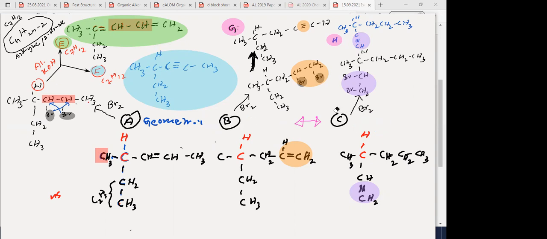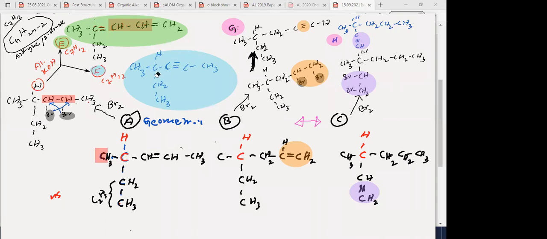Now sometimes you can ask about geometric isomerism. Compound E shows geometric isomerism.